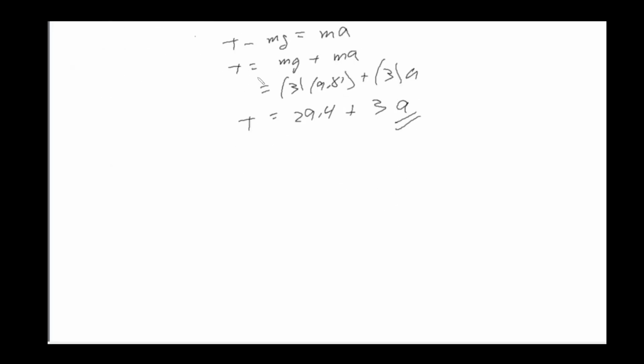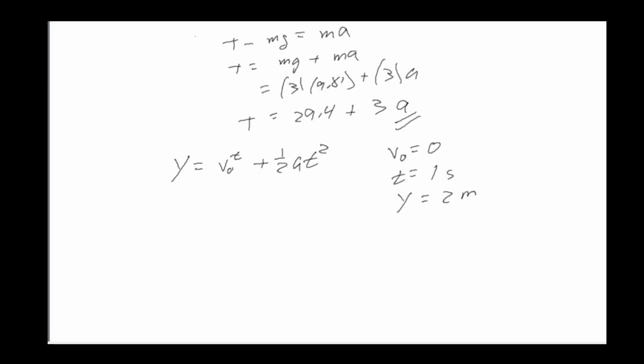So using one of the kinematic equations, we find that movement y is equal to v0t plus 1/2 at squared. Well, in this case, v0 is 0 because the elevator started at rest. t is equal to 1 second, and y, the distance it moved, is 2 meters.